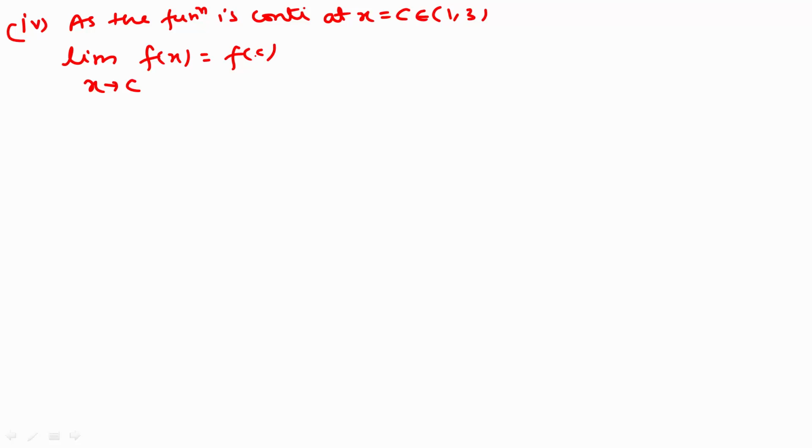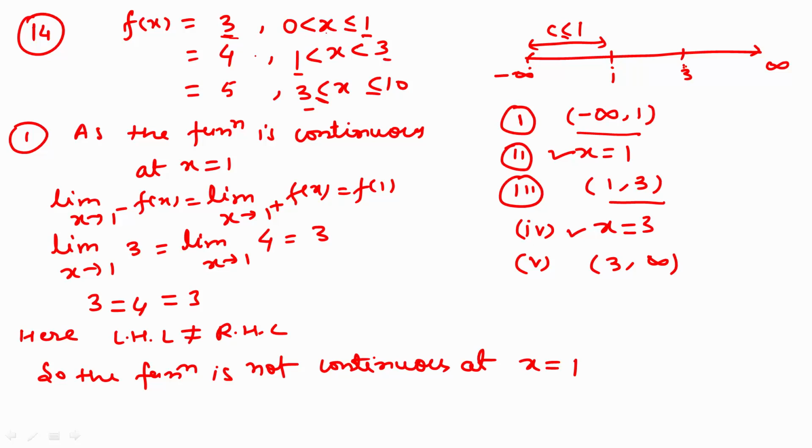You can see on the number line for the interval 1 to 3, c is always less than 3 and greater than 1, so we will take the function 4.